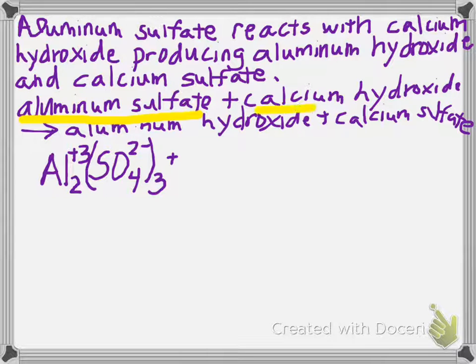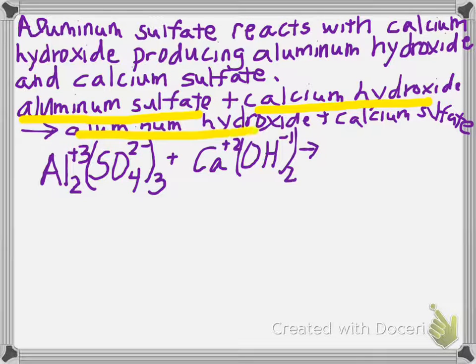Next, I'm going to work on calcium hydroxide. Again, I know it has a hydroxide, it's a polyatomic ion, so my symbol is Ca. Positive 2 charge, because it's in group 2A, OH, negative 1. I'm going to crisscross, so I need parentheses 2. Now I'm ready for my arrow. I'm on to aluminum hydroxide.